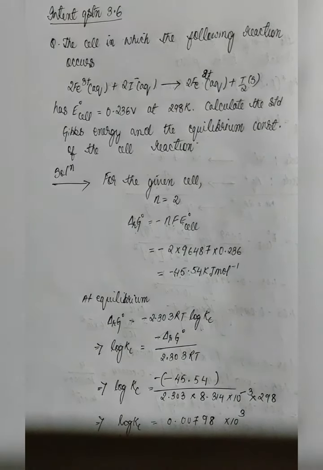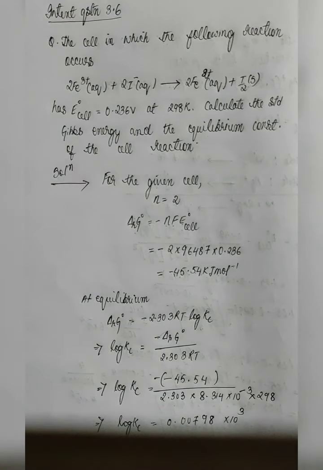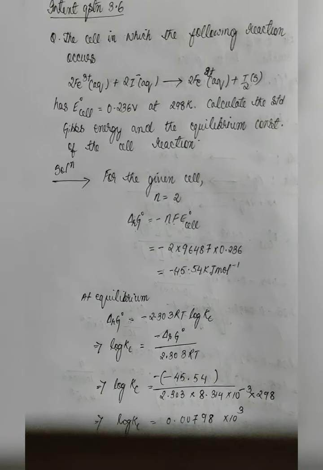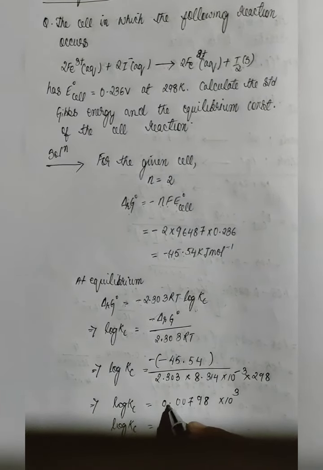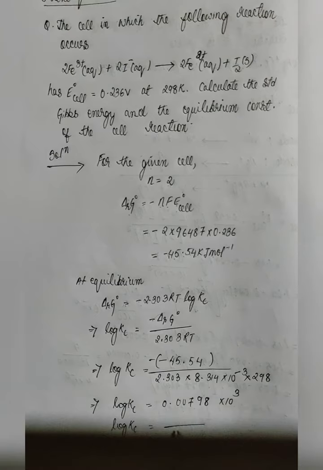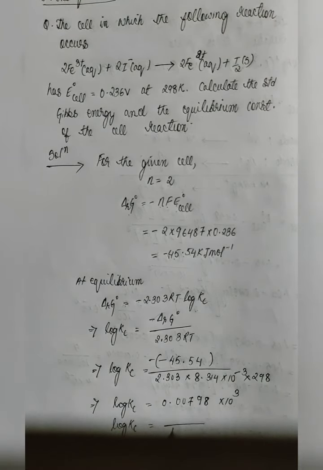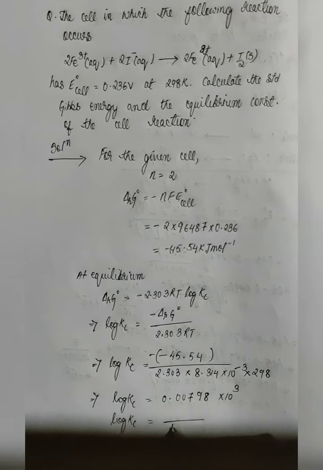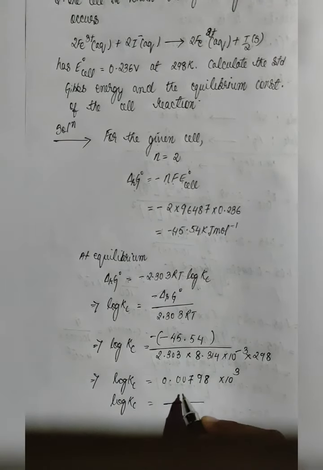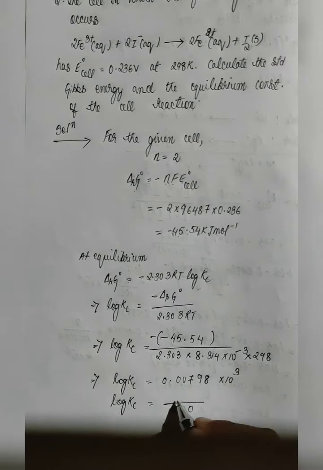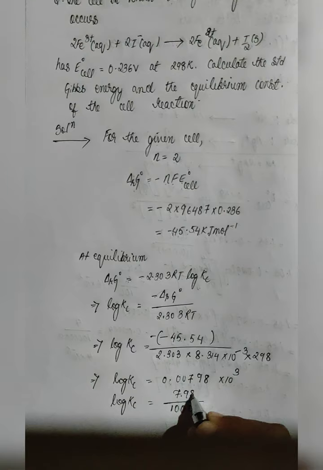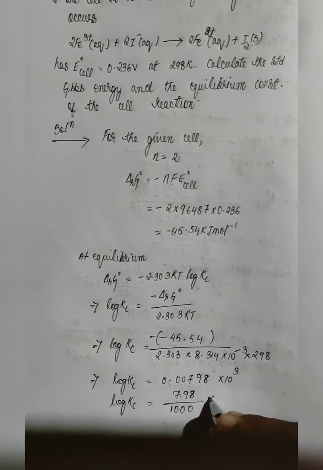So when we move the decimal point to the right hand side, that means, okay, let's do it. If we want to remove this decimal point, how many steps do we want to move ahead? 1, 2, 3. 3 steps we want to move. So what we get here? 7.98 into 10 to the power 3.